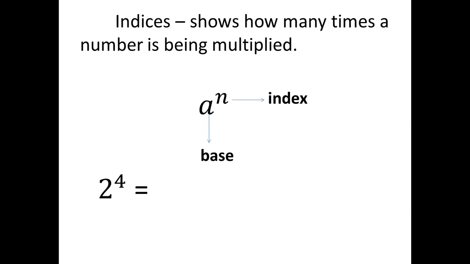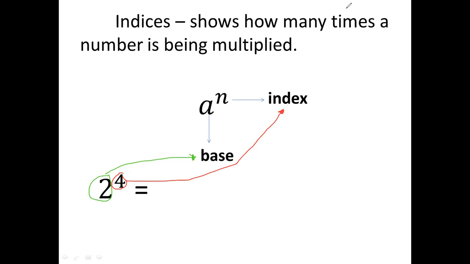When we say 2 to the power of 4, it is just like saying that 2 is multiplied 4 times. In this case, 2 is the base and 4 is the index or the power. It is easy to identify the base and the index.